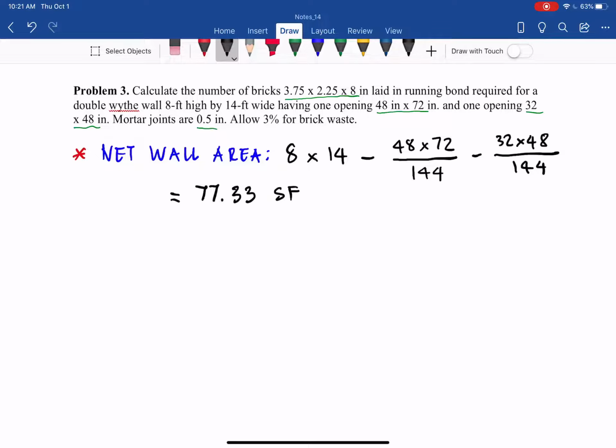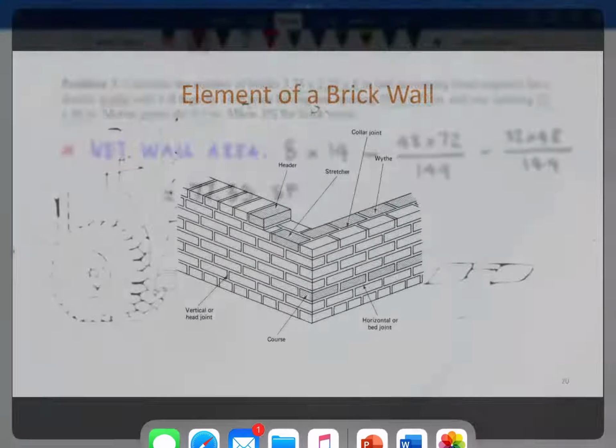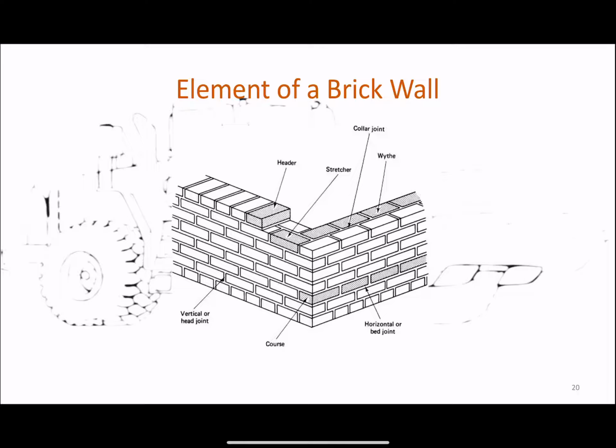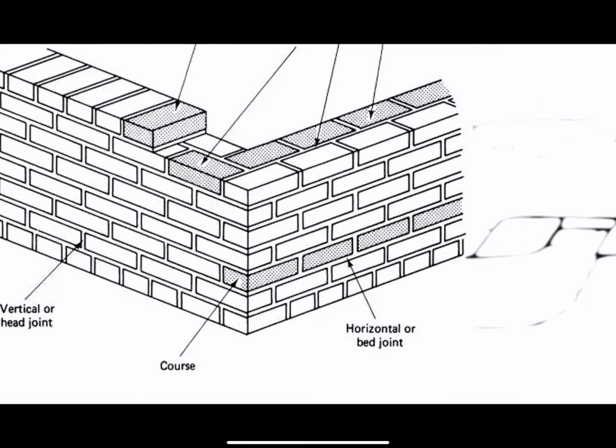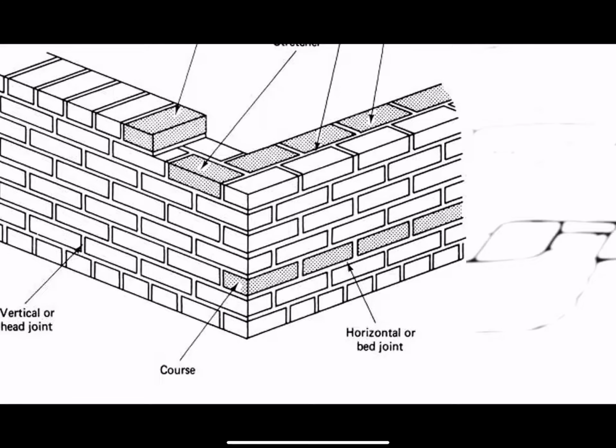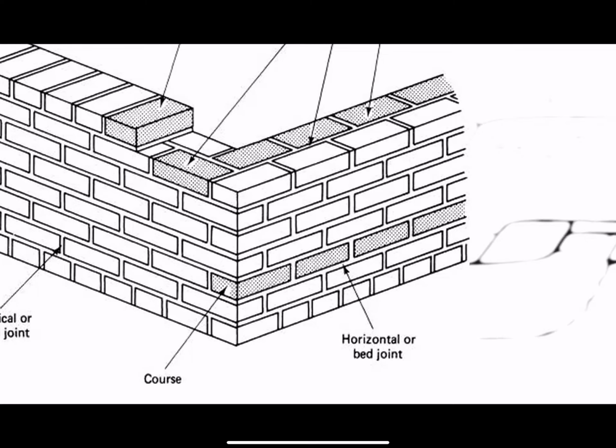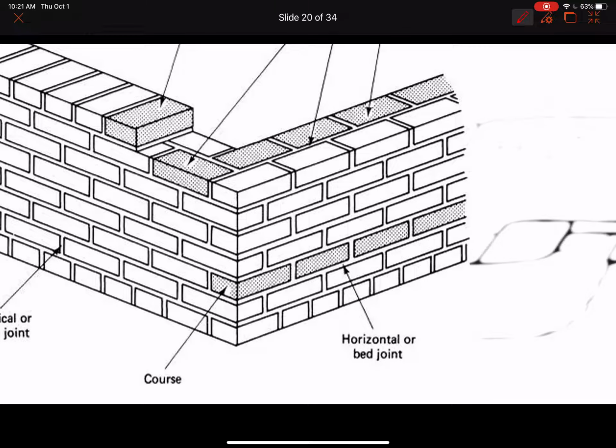Then we need to find out what is the area that one brick will occupy in the wall. We already know the net area of the wall, and to determine the number of bricks we need to know the area that one brick occupies, as I show you here.